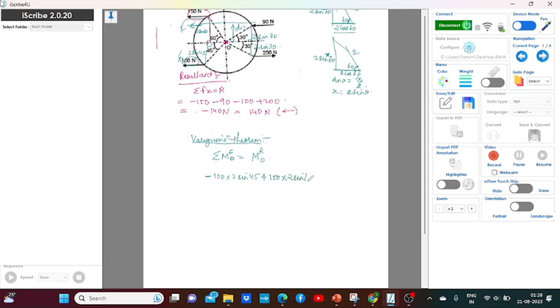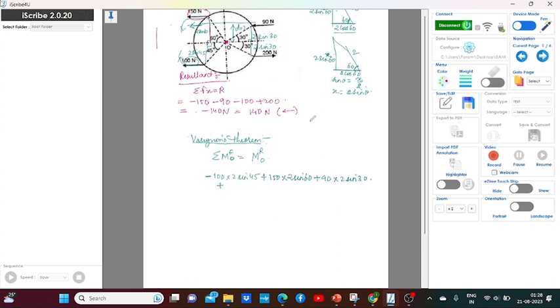Now this 90 force, and the perpendicular distance is 2 sine of theta. It is going like this, anti-clockwise direction. So it is plus 90 into 2 sine of 30. I'm writing over here plus 200. The 200 is again going in anti-clockwise direction.